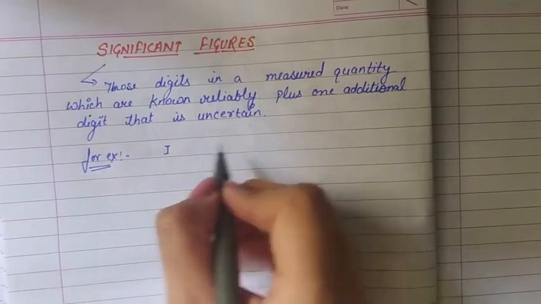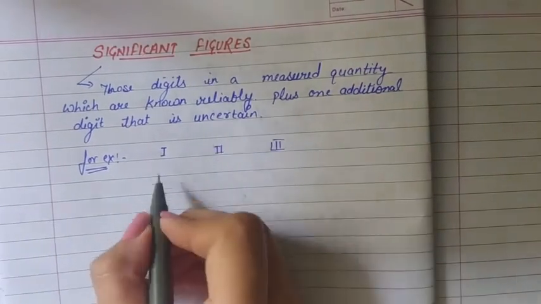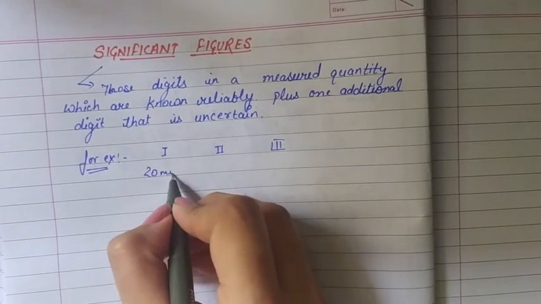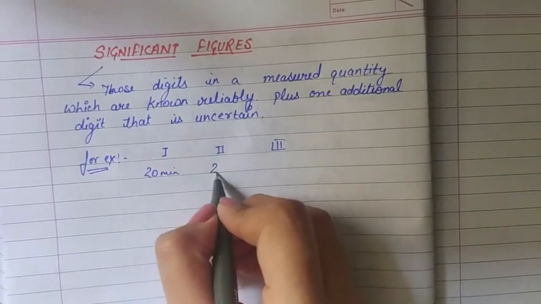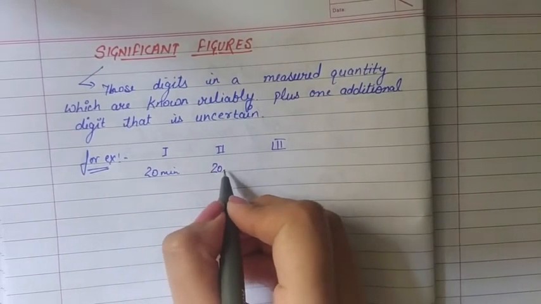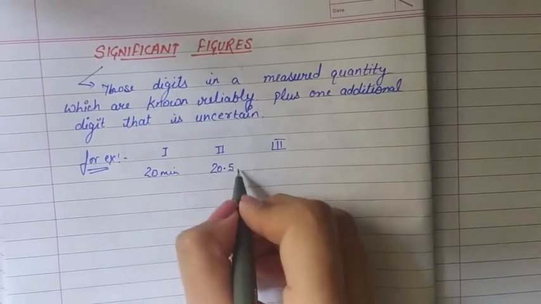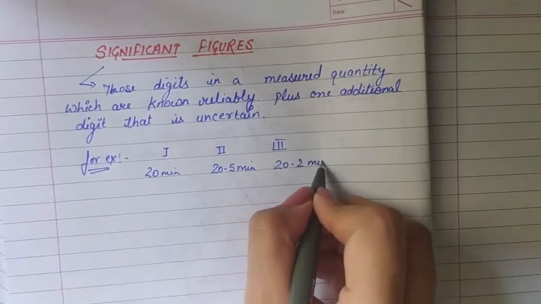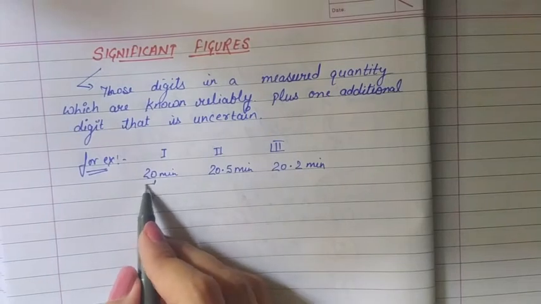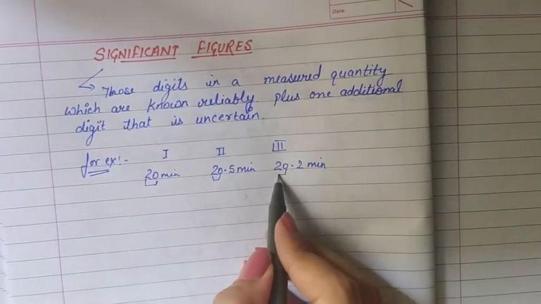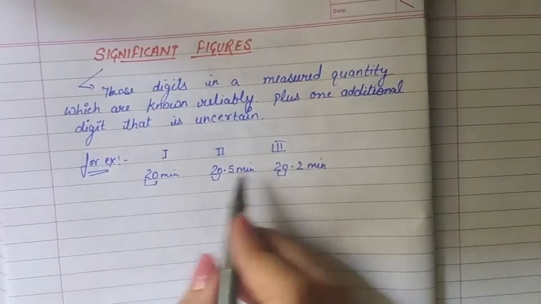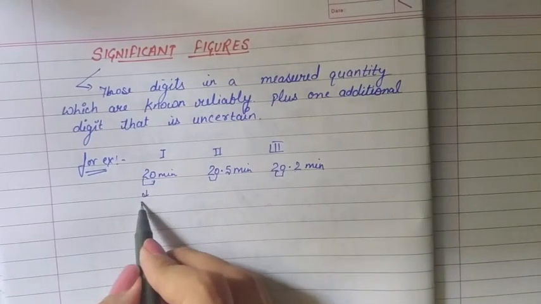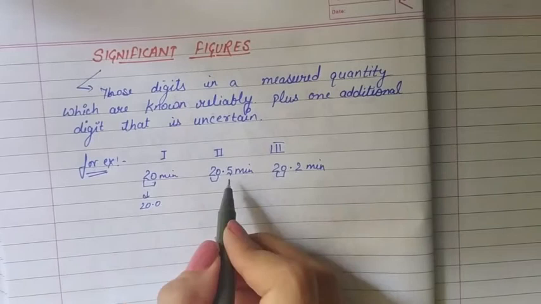So student number 1 records the time as 20 minutes, the second student 20.5 minutes, and the third student 20.2 minutes. Now this 20, these are the reliable digits because these are the same in all three observations, while the digits 0.5 or 0.2, or we can write 20.0, these are the uncertain digits.